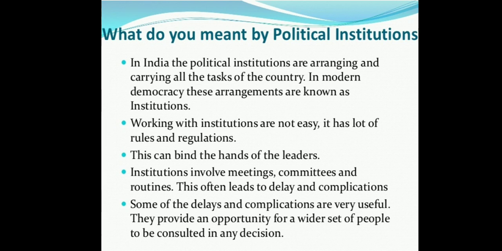Now children, after that we have the next topic: what do you mean by political institutions? In India, the political institutions are arranging and carrying out all the tasks of the country.